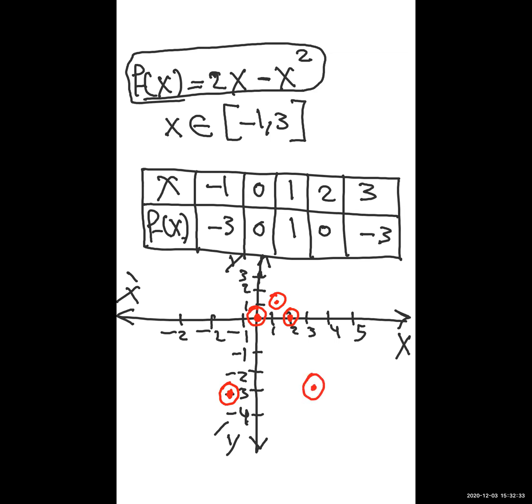Now connect between these points like this. It becomes a curve like this one, right? Yes. Okay, great. So now, guys, first important point here, I will clear the function. I will clear the interval and the table.